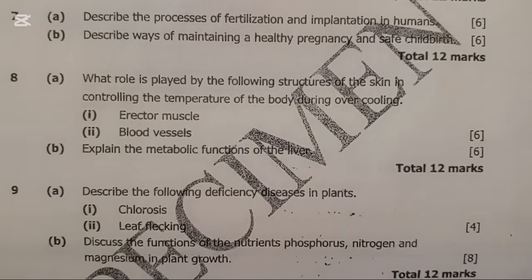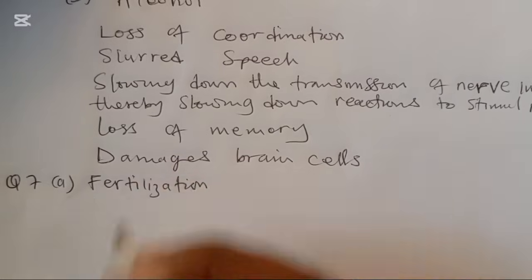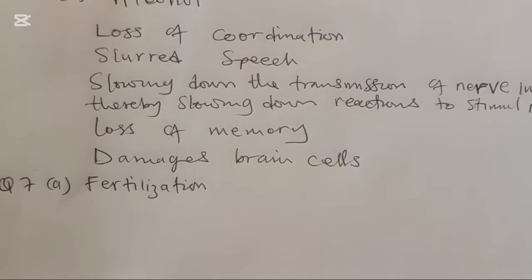7a, describe the processes of fertilization and implantation in humans. So fertilization, it is the fusion of the male gamete and the female gamete to form what we call a zygote.